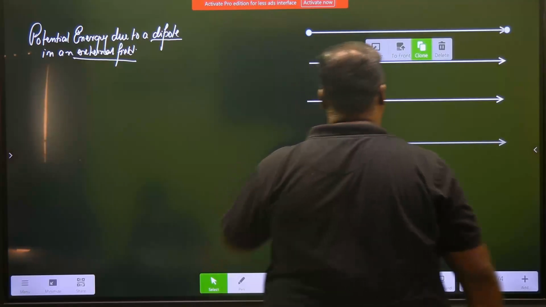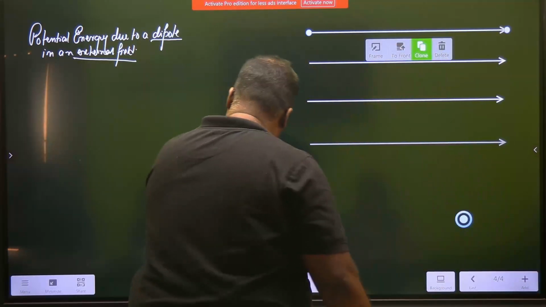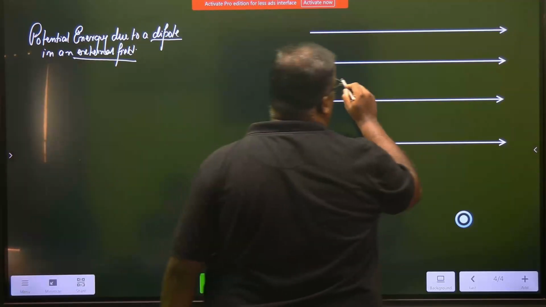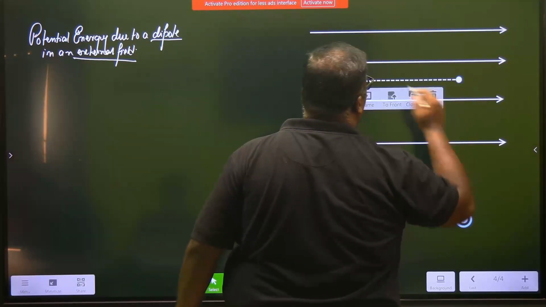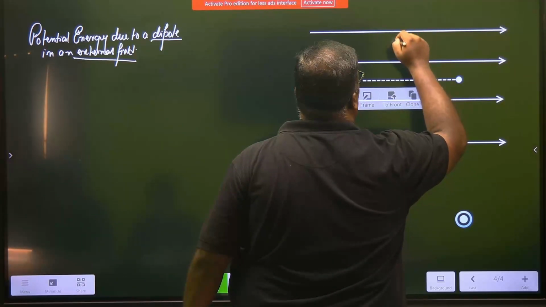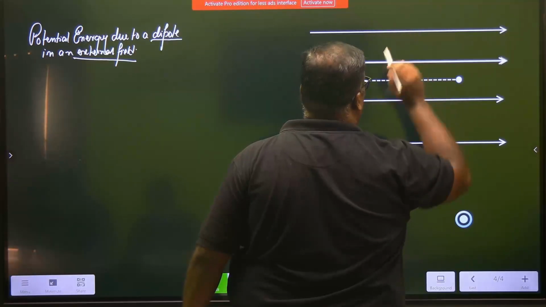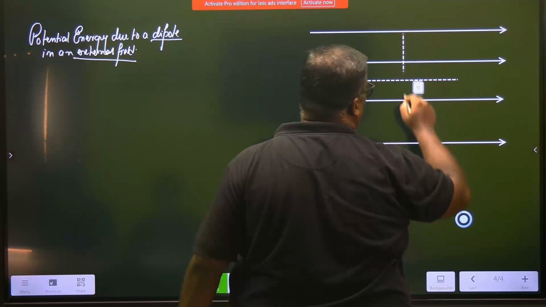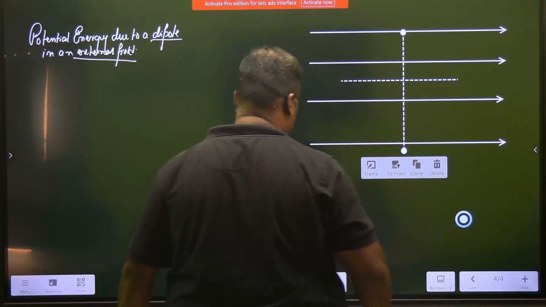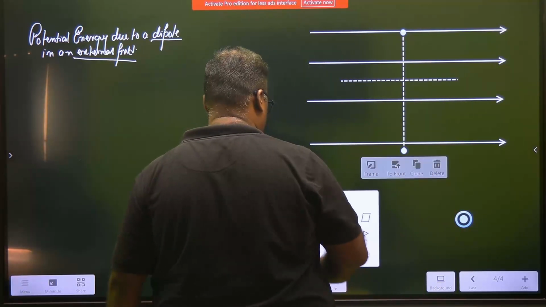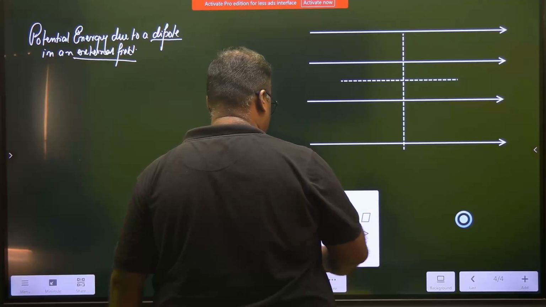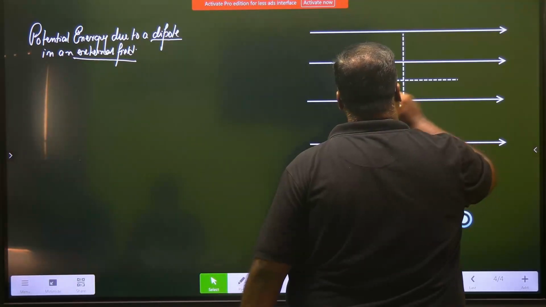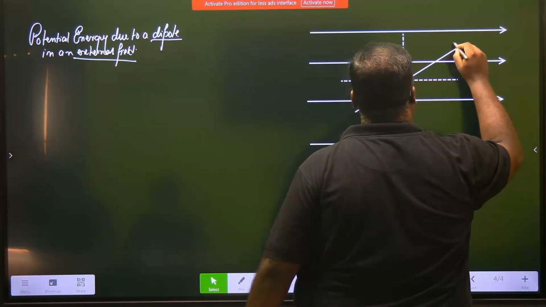This is your external electric field, and we will create a dipole out here. Now I'm drawing it deliberately slanted, and I'll tell you why I have drawn it slanted.